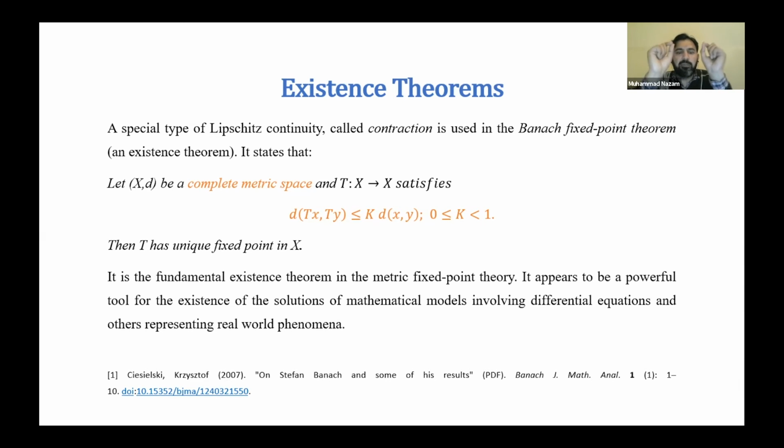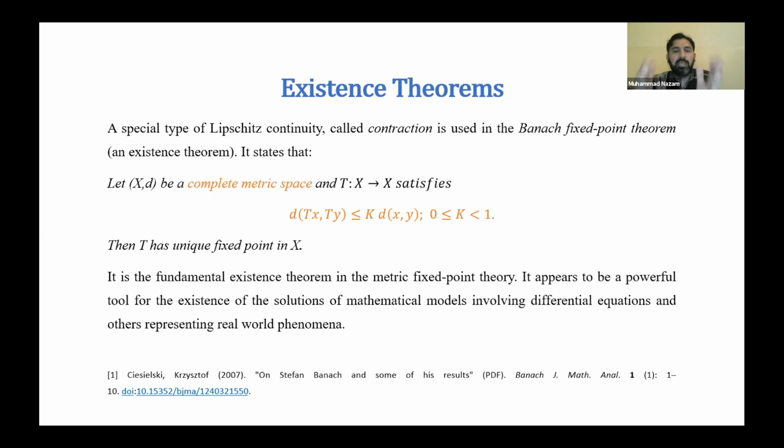When we define d(x,y) equal to the absolute value of x minus y, then we get the Lipschitz continuity, which is a particular condition. So here we have more generalization. Look, here we have a complete metric space, while in the Lipschitz continuity condition we just have the set of real numbers.